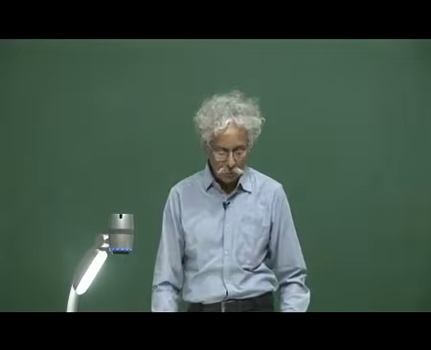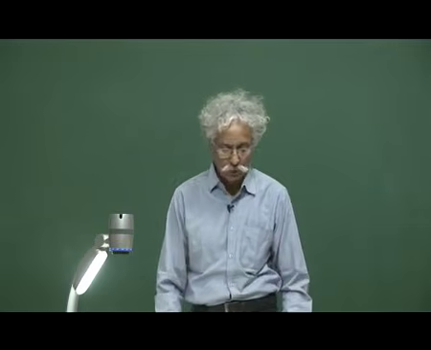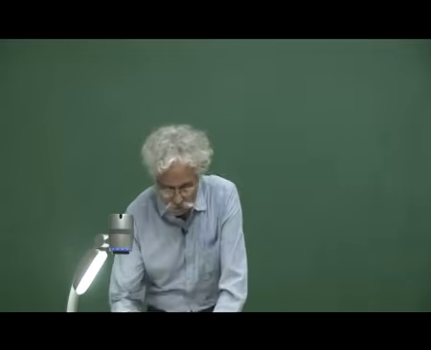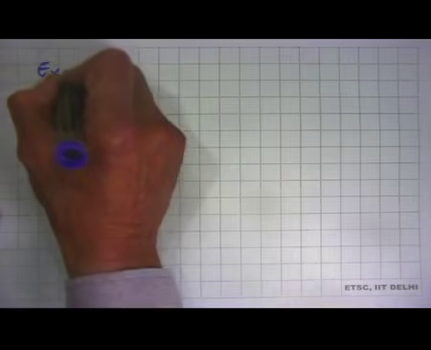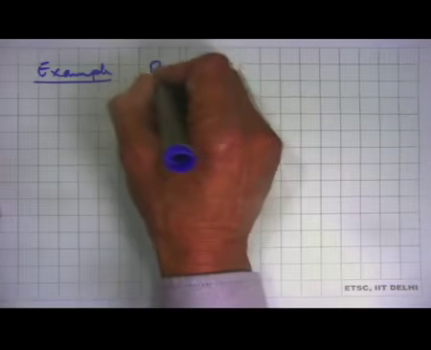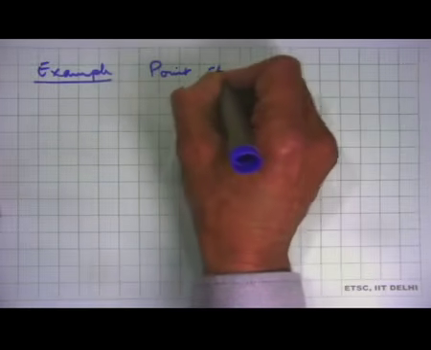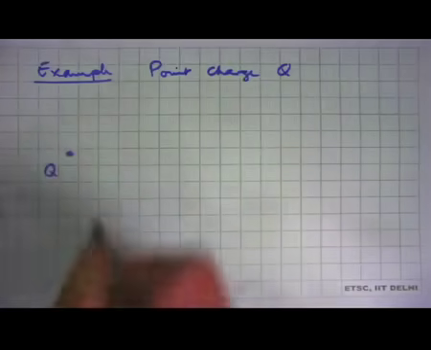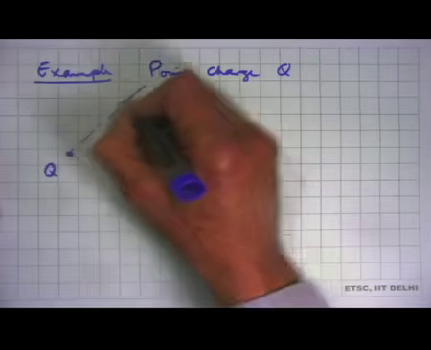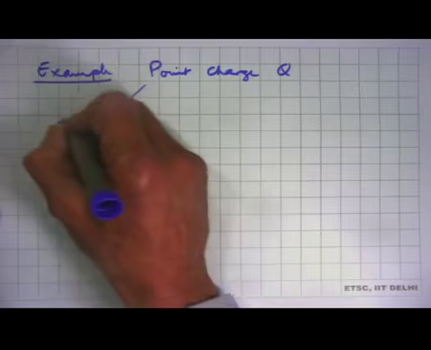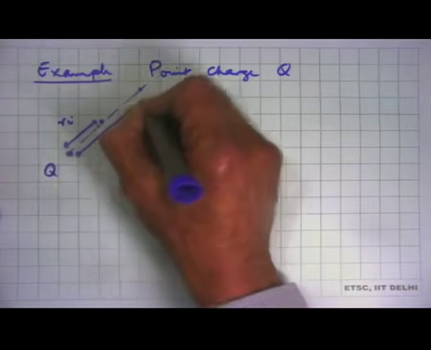Let me take another example, because in this case what we had taken was an electrostatic field which was uniform. Now, let me take a case in which the electrostatic field is not uniform, and that is a point charge. So, let me take a point charge q. Here is my charge. I want to move from an initial point, at distance r i, to a final position r f.